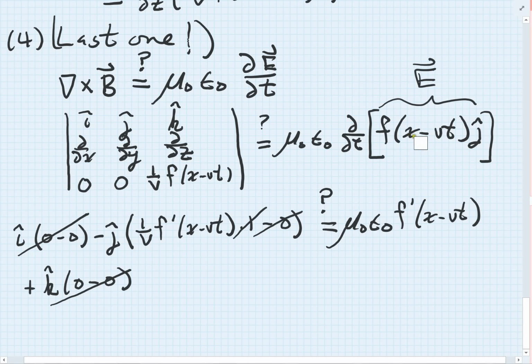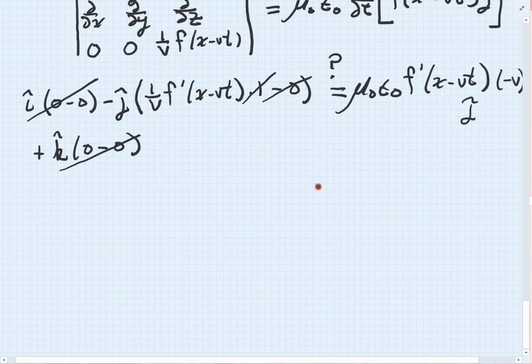Then I have the derivative of the inside of f by the chain rule, but now with respect to time t. And when I take the derivative of this with respect to time t, because x doesn't change with t, I get just minus v. So there's a factor of minus v. And finally, let's not forget our factor of j hat. So this has gotten a little messy. Let's tidy this up and compare.